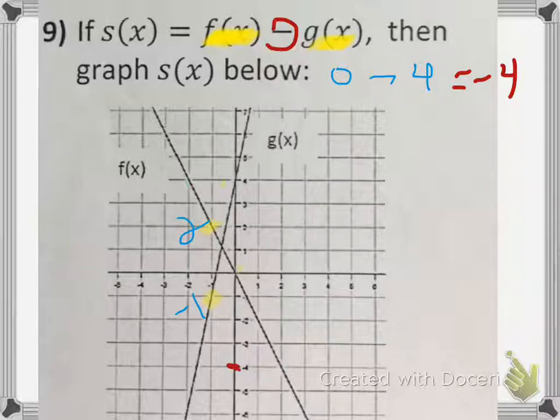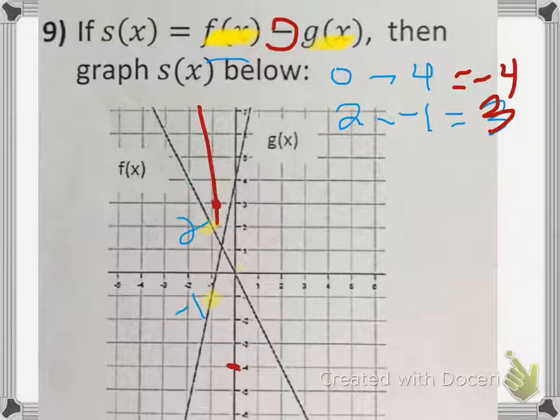Now I've got to go f of x minus g of x. So my f of x value is 2, and then I've got to go minus -1. 2 minus -1 is actually 3. So my new point is going to be up at 3. And then my line goes through those two ordered pairs.